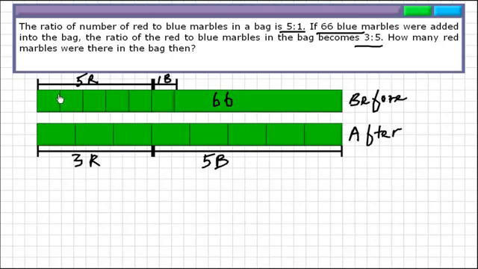So for the first part here, in order to create 15, we need 5 to be multiplied by 3. Let me put that down. So for the red section, we have 5 times 3, we get 15 units.